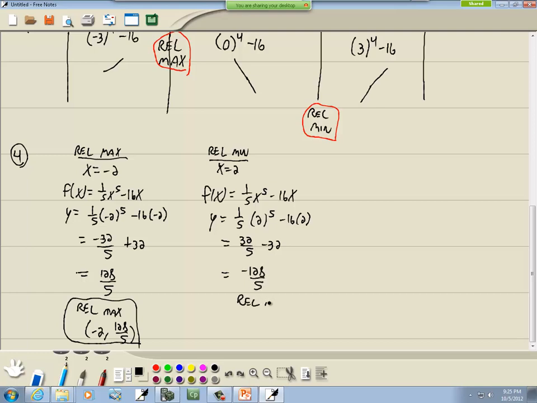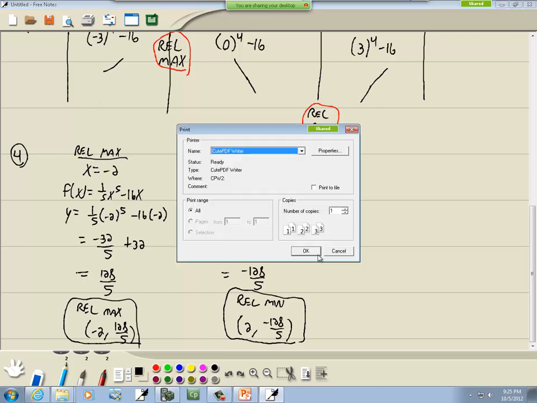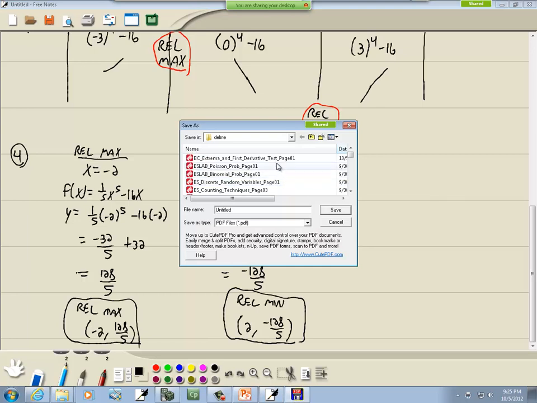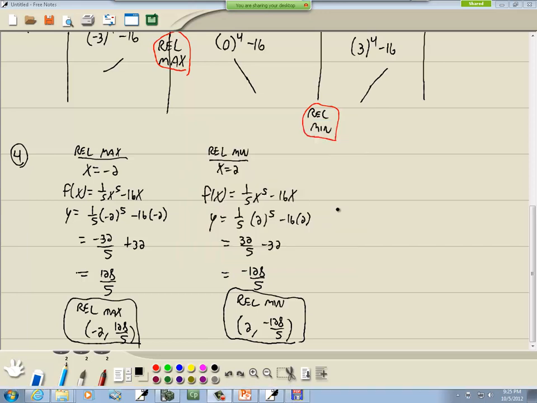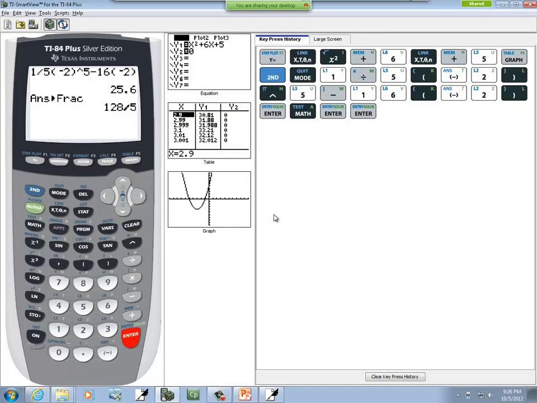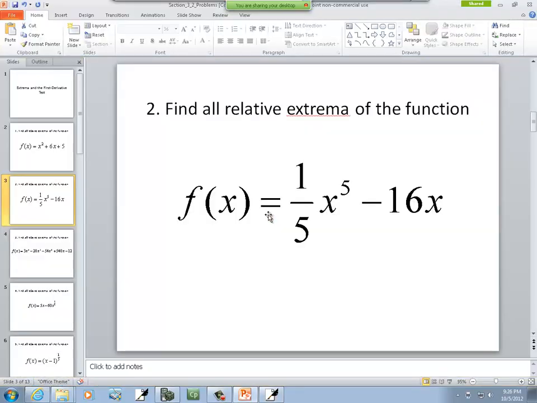So this is going to be a relative min of 2, negative 128 over 5. And those are our answers to that problem. Let's save that one. And let's go to our next problem.